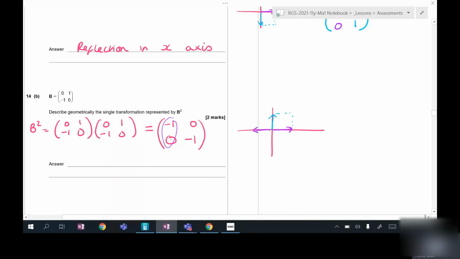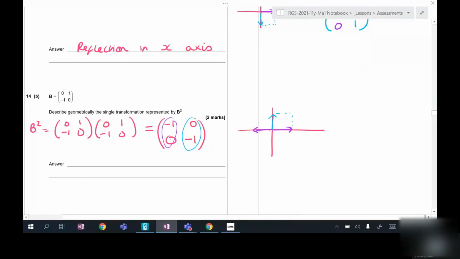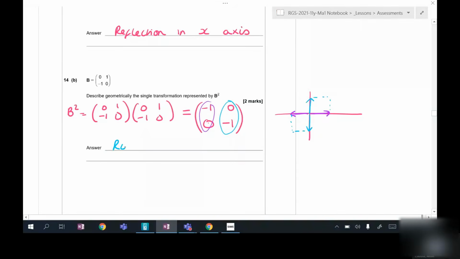So it's gone back here. So minus 1 across, 0 up and down. And if you think about the blue one, that's gone 0 across and minus 1 down. Okay, so if you look at that diagram, what has happened is a rotation 180 degrees about 0, 0.